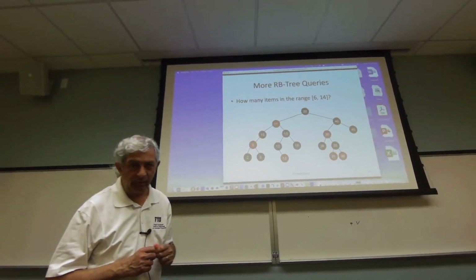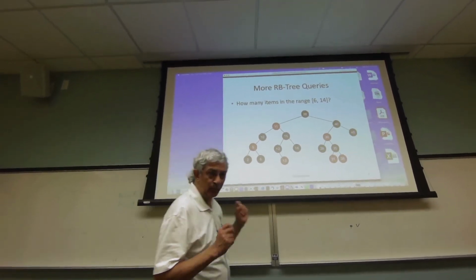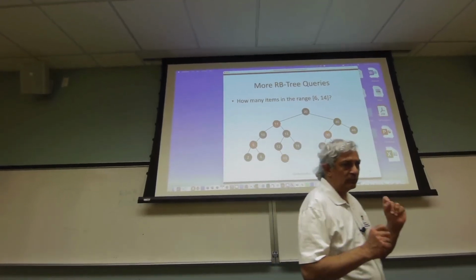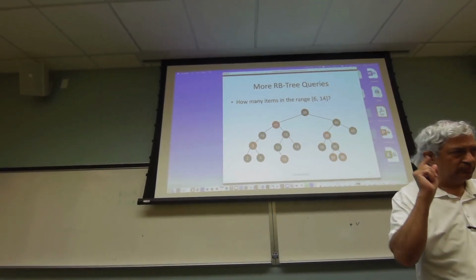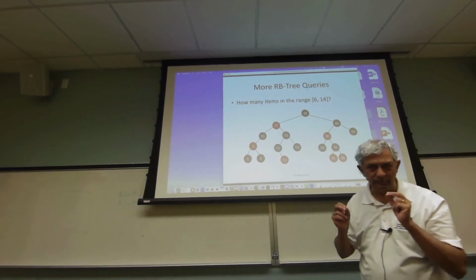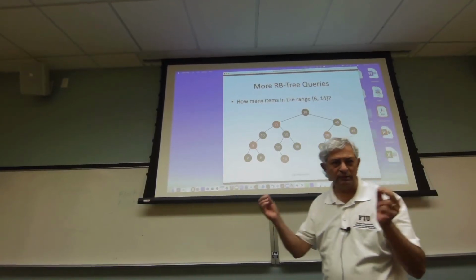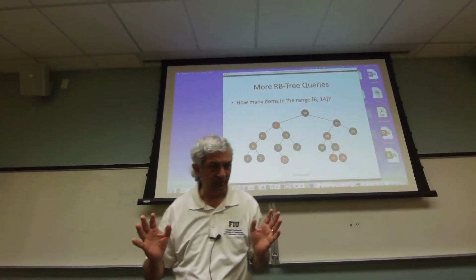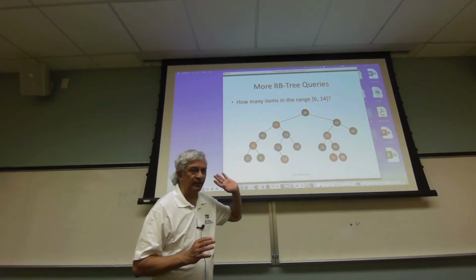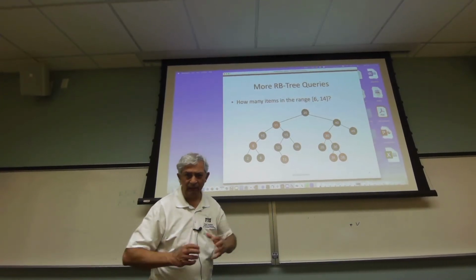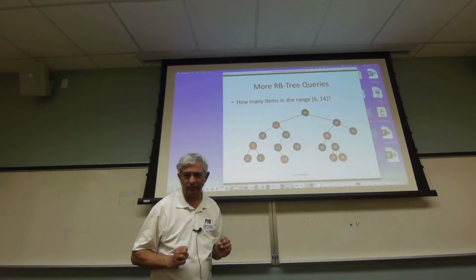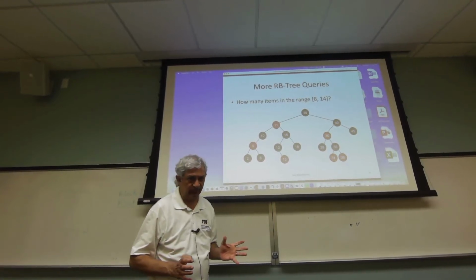Okay. Now remember, this is a query where you have no idea what range you're going to ask. You're going to provide an A and a B, and your job is to quickly tell me what is the number of items between A and B. So your variables are A and B. That'll keep changing. And for every query, you need to answer this for me as fast as possible.